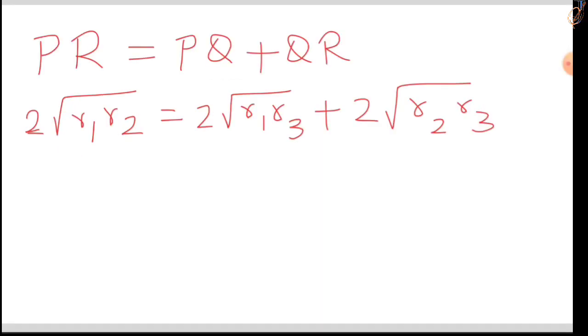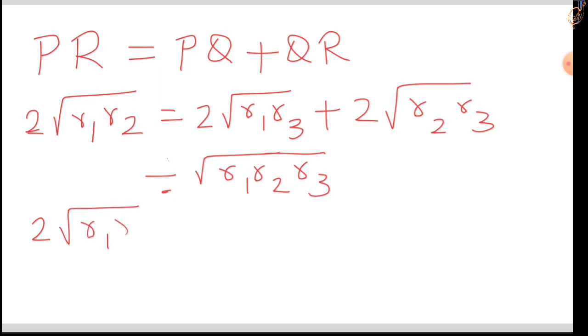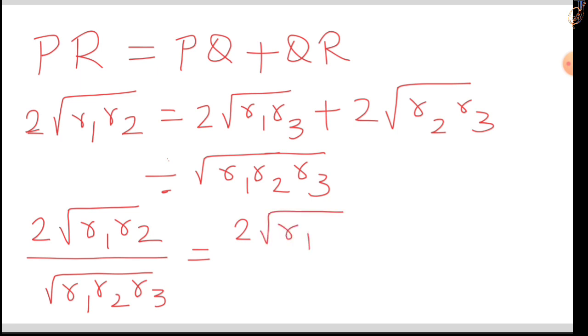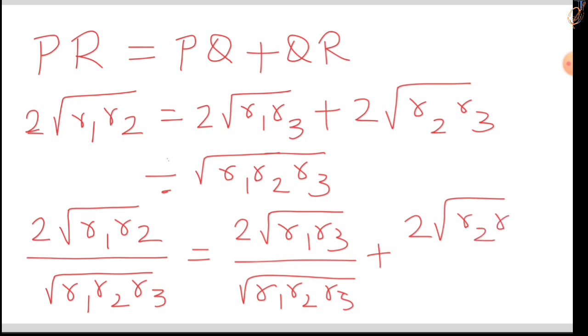Now simplify this. How can you simplify? Divide both sides by square root of R1 R2 R3. 2 square root of R1 R2 divided by square root of R1 R2 R3 is equal to 2 square root of R1 R3 by square root of R1 R2 R3 plus 2 square root of R2 R3 by square root of R1 R2 R3.